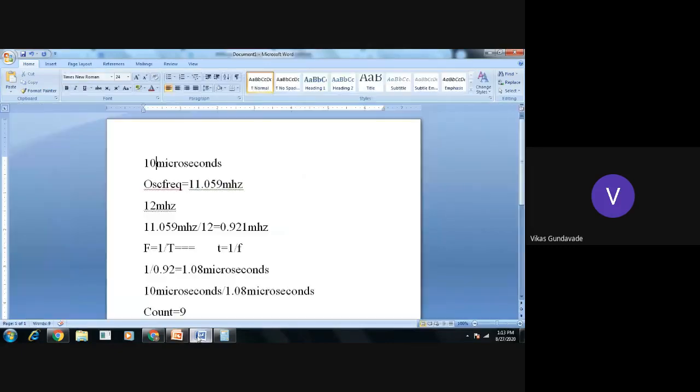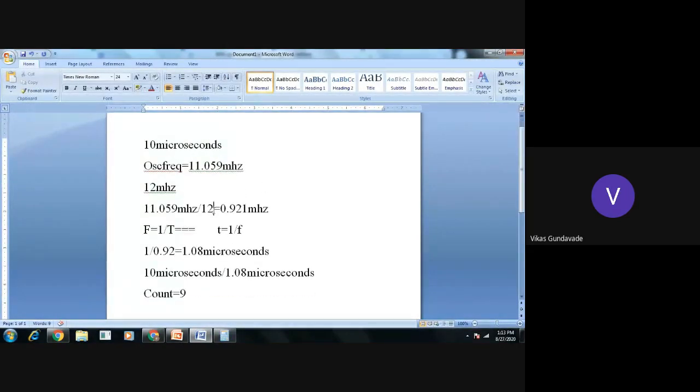Whatever oscillator frequency is available with the microcontroller is 11.059 megahertz. First this frequency is divided by 12, so we get 0.921 megahertz, the actual frequency used for timers.